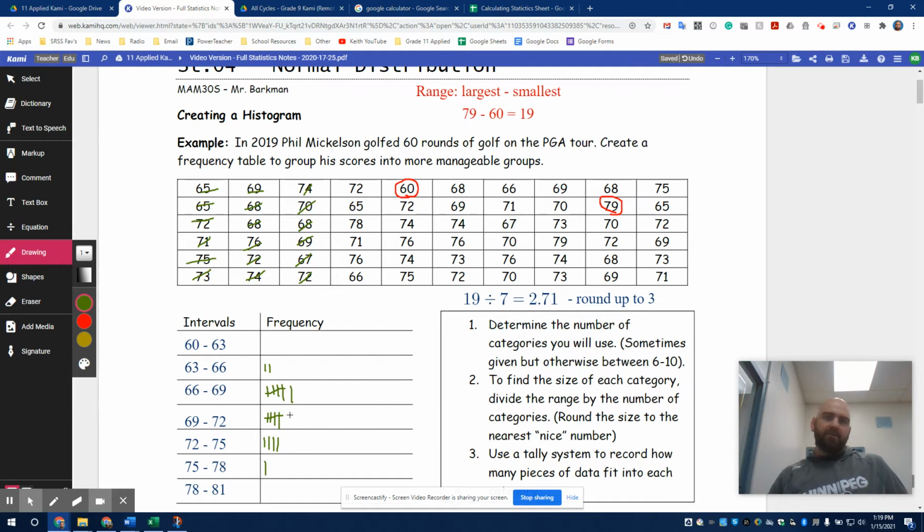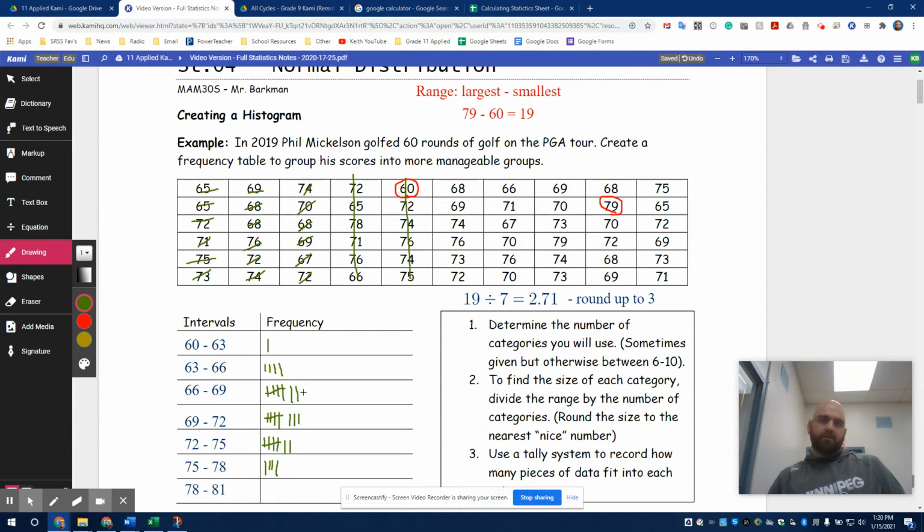Now we got 72, 65, 78, which is right there. 71, 76, 66, right there. So that line's done. And then we have 60, 72, 74, 76, 74, 75. That line's done.